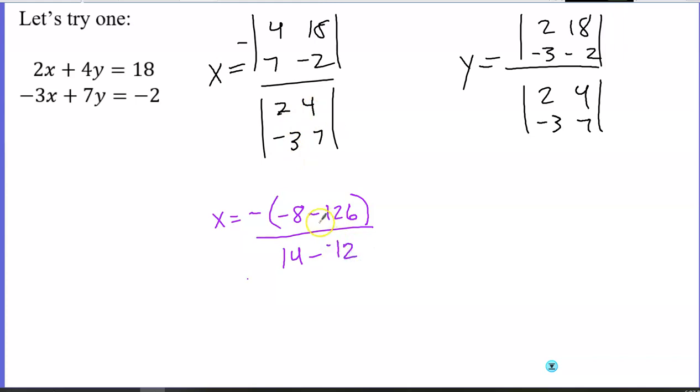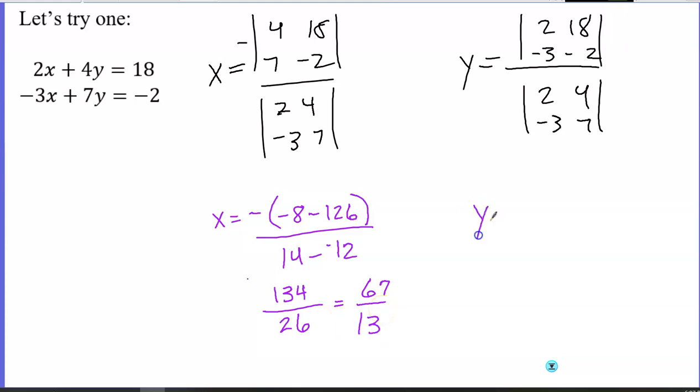Okay, so on top, I have negative 134, so that's positive 134 over, what do we have down there, 26, which I can definitely reduce to, what do we have, 77? No, that's not right, 67. There we go. Okay, so there's my solution for x.